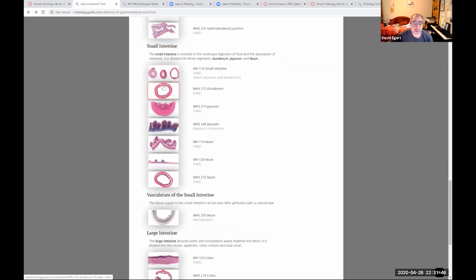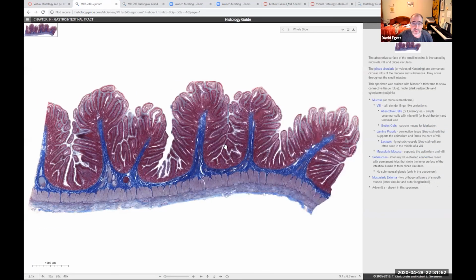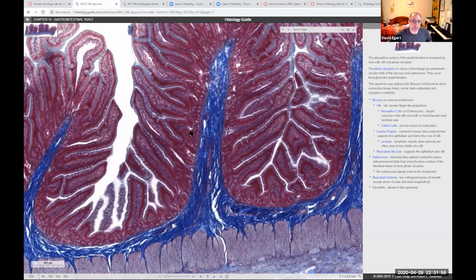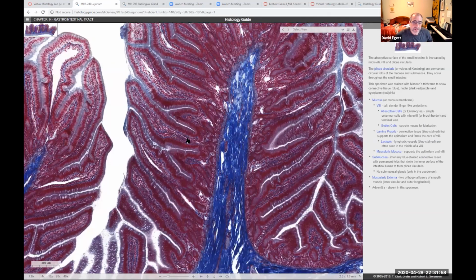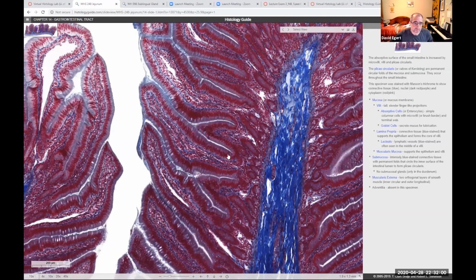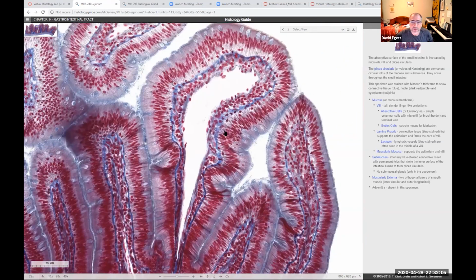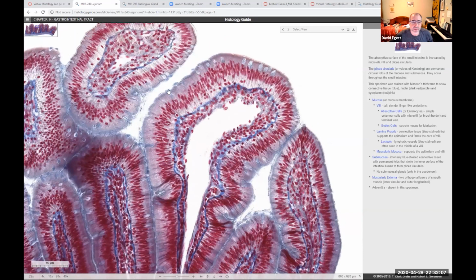When we get, the duodenum gets crazy with, let's look at the jejunum. Here, well, this is stained really trippy. This is kind of going back to what Sakai was talking about, the brush border.